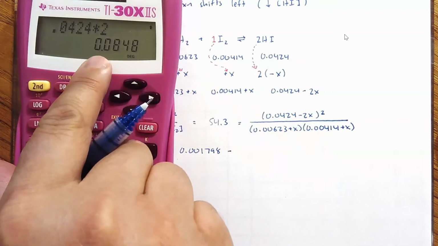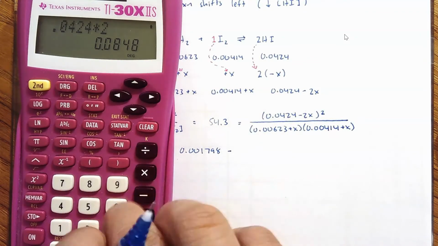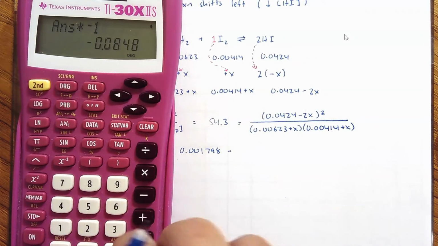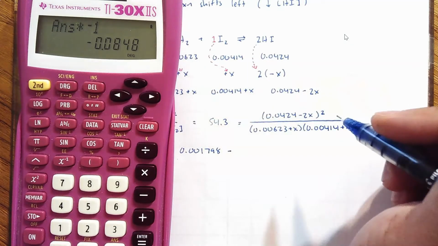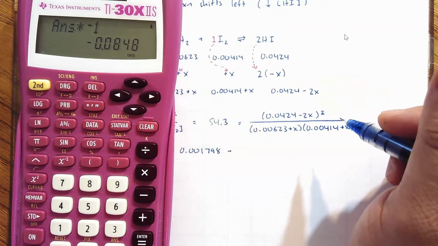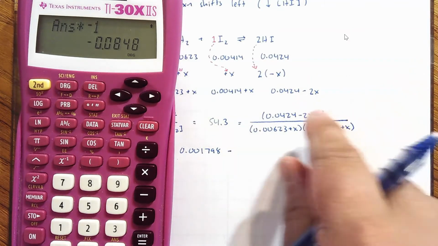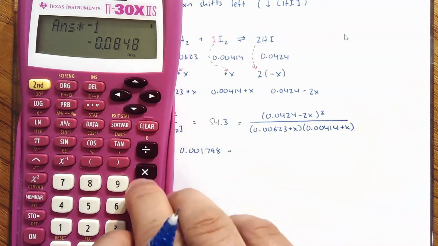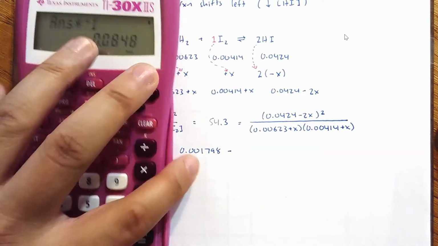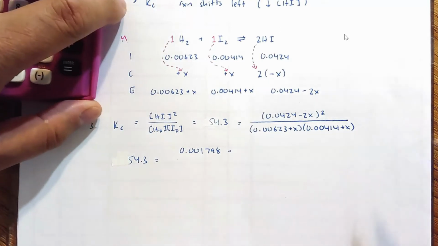So that's, and it's negative, so it's negative 0.848. But we do it again because it's squared. Does everyone understand? I'm not making myself very clear.